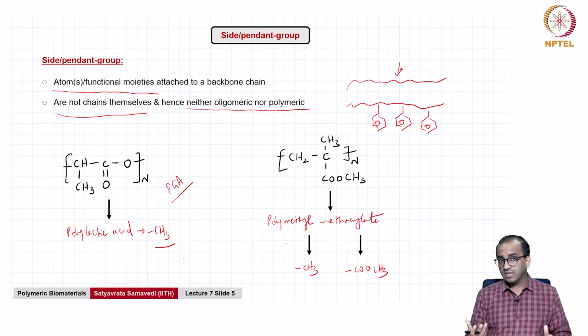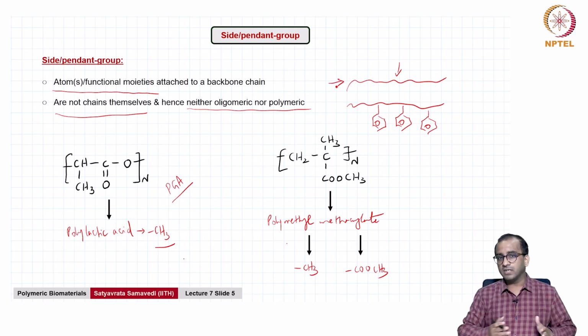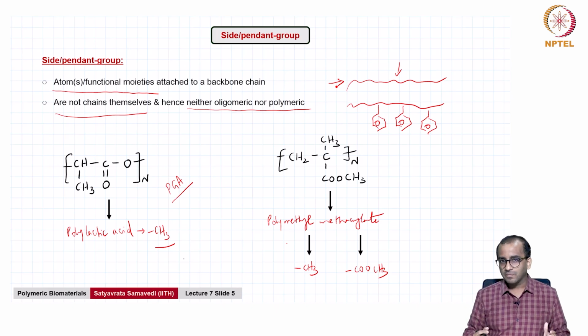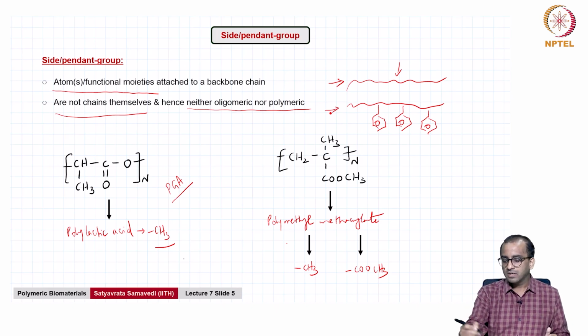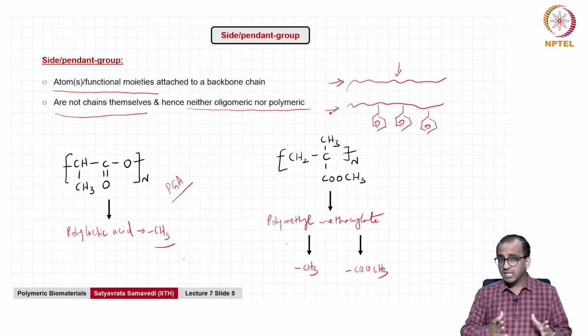As you can readily imagine, in the first case, the chains can come together spatially more easily and pack more tightly, whereas in the latter case, chains are not going to come together that easily. The packing is not going to be that tight because the bulky side groups are going to provide steric hindrance.